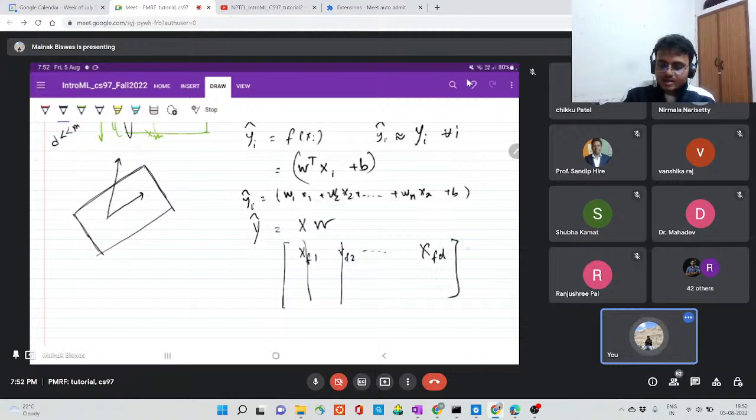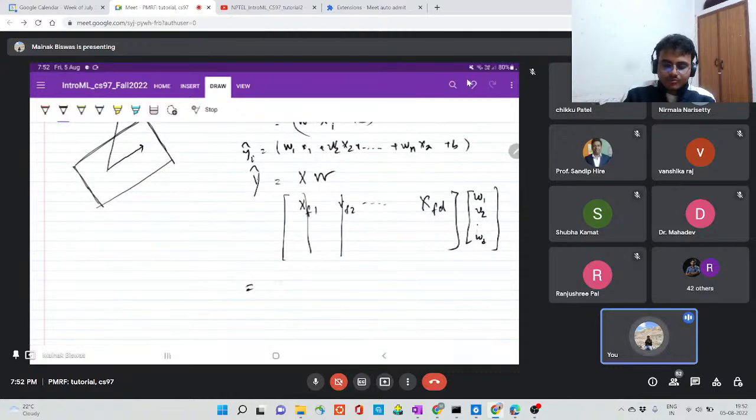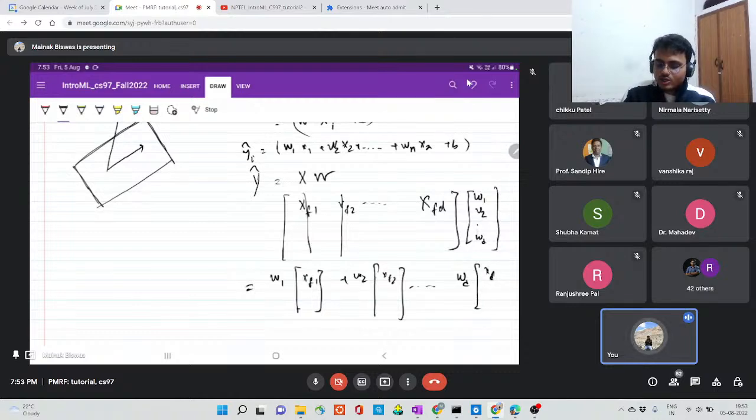I want to take the sum with respect to w1, w2 and wd. So this is a vector sum view of a matrix multiplication. It's a weighted vector sum, so it will be w1 xf1 plus w2 xf2 up to wd xfd. So you need to understand how these vector matrix products can be visualized.